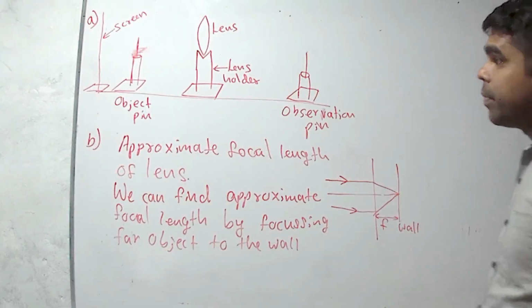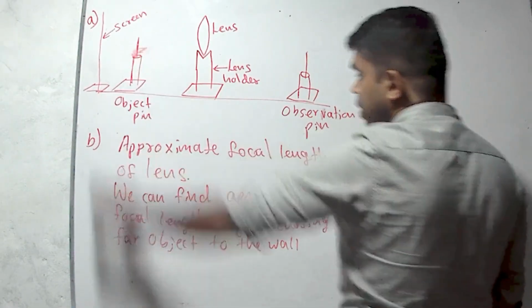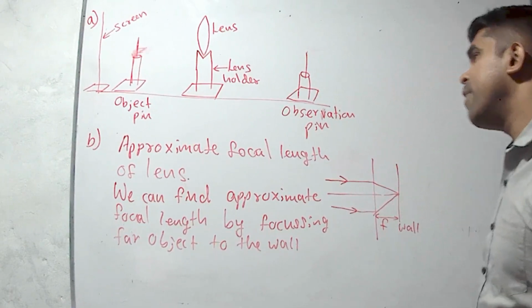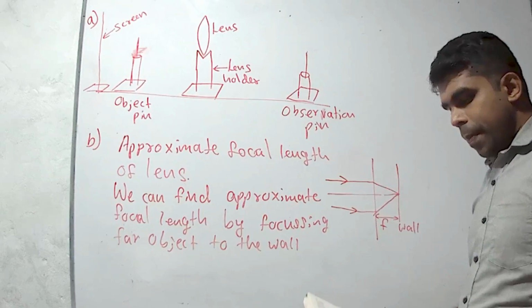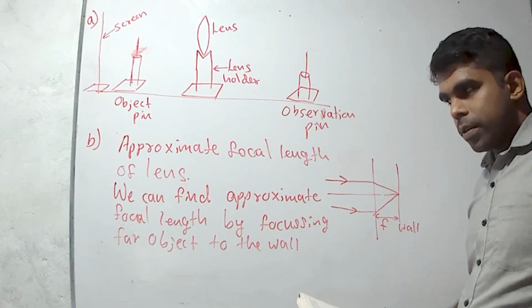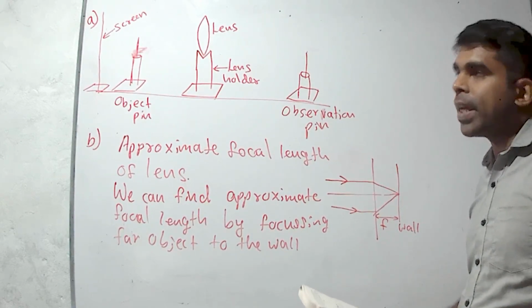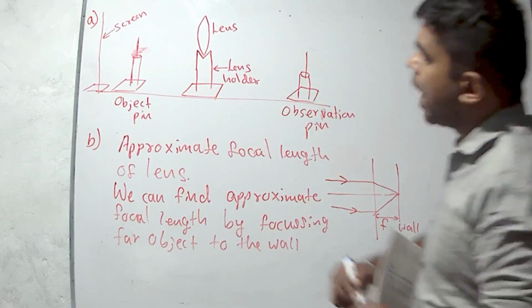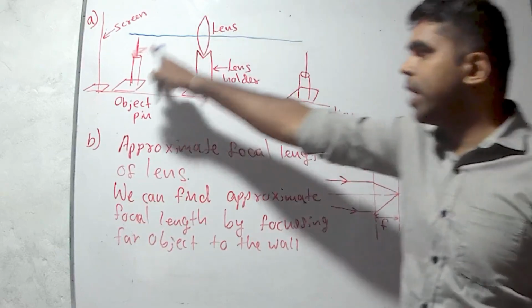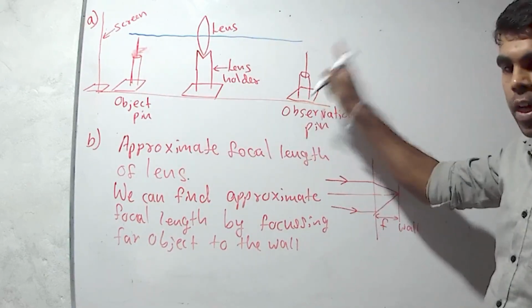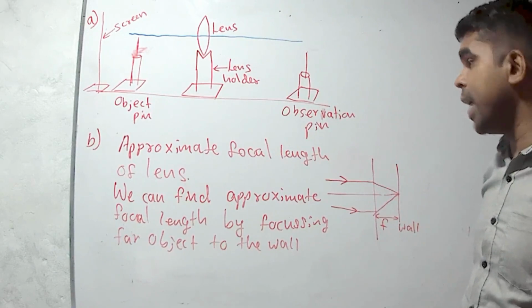First reason, the object pin or observation pin is not on the optical axis. We know that there is an optical axis for the lens like this. We have to place the object pin and observation pin on the optical axis.